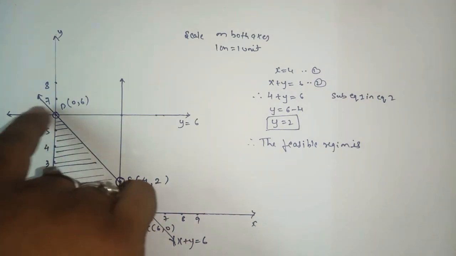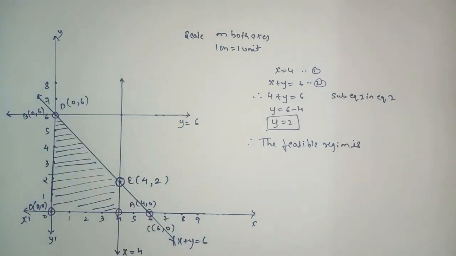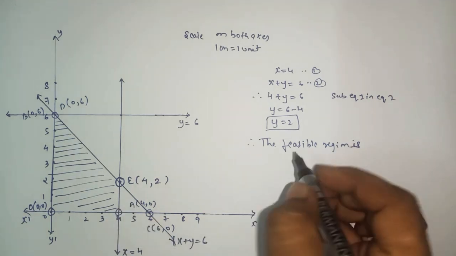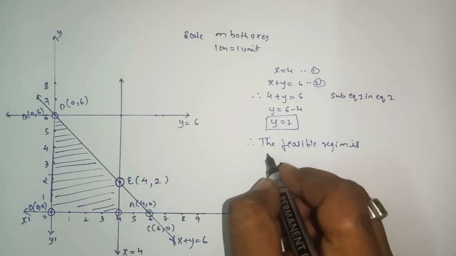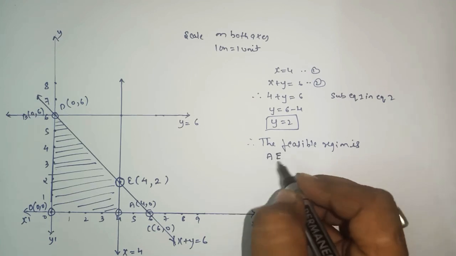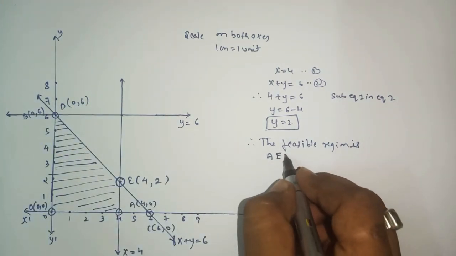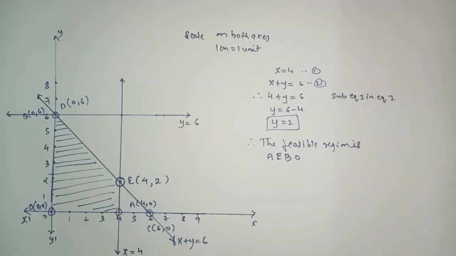So we can write B or else D, it is up to you. So we'll start from A, E, B, and O is the feasible region.